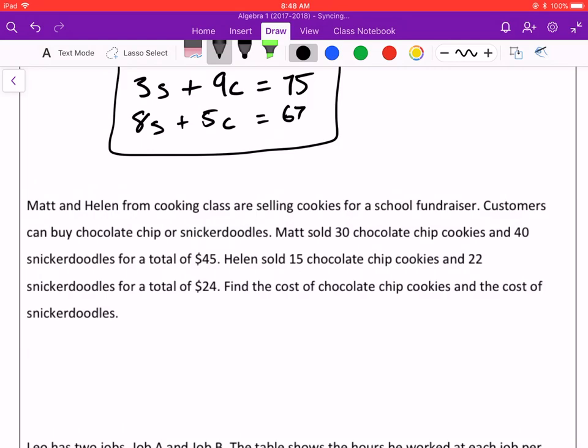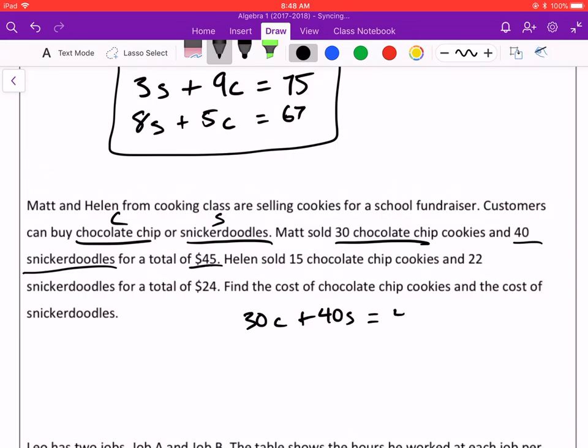So I know I've got two variables. Let's just say C for chocolate chip, S for snickerdoodles. Matt sold 30 chocolate chip cookies. So Matt is going to sell 30 chocolate chip, 30C, and 40 snickerdoodles, so plus 40S, for a total of $45.